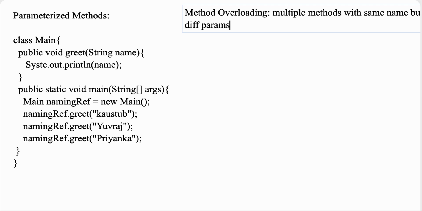Okay, if the interviewer asks regarding method overloading, it's very important. So you need to answer like this: basically, method overloading is having multiple methods with the same name but different parameters. For that, I will create one example.